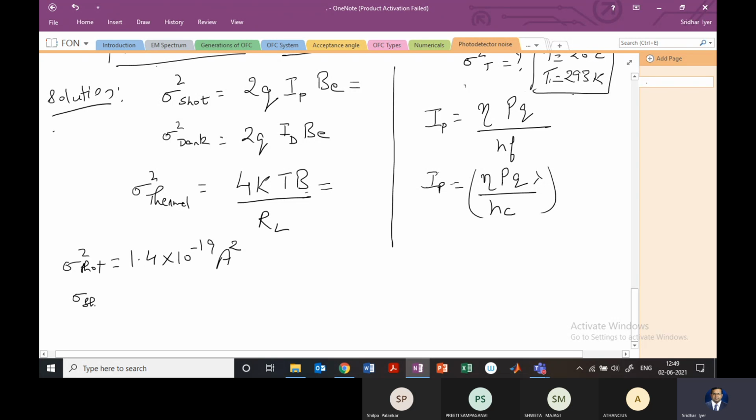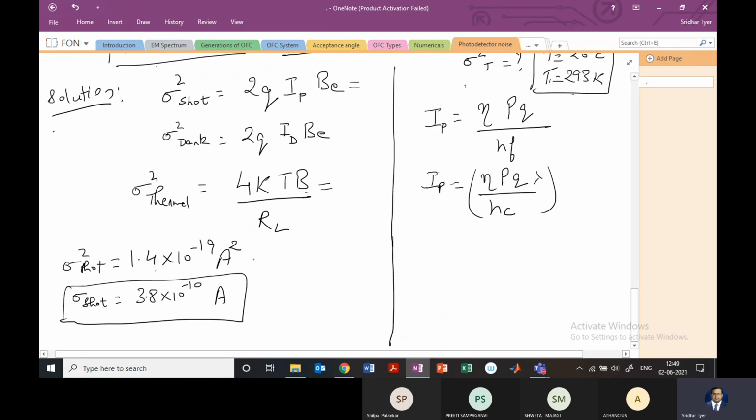Therefore, we need to find the standard deviation. So that will give us ampere. So we just have to find the square root of this. So I get about 3.8 into 10 raised to minus 10 amperes. Yes, sir. Okay.